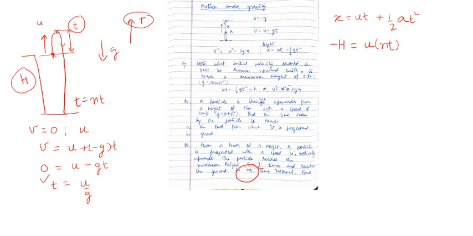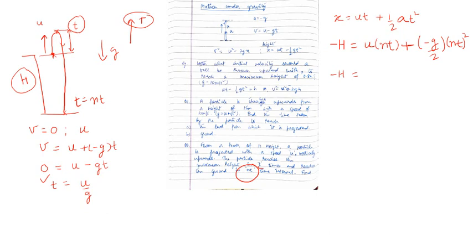Plus half a. The acceleration which we have is minus g by 2 into the total time taken, n into t, and we square it. So this comes out to be minus h. We can substitute the value of t is equal to u by g.